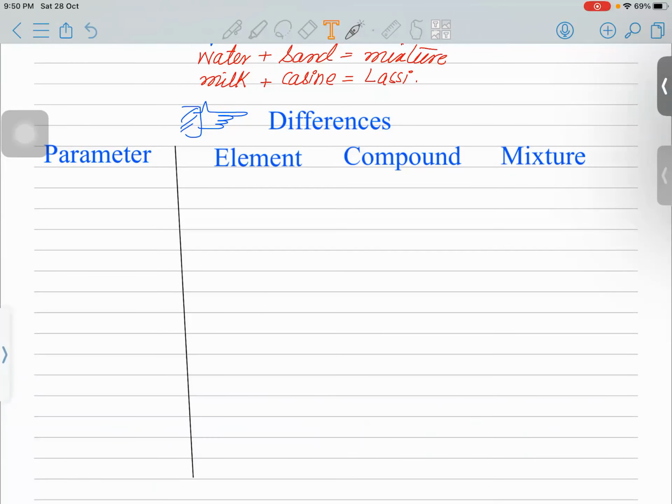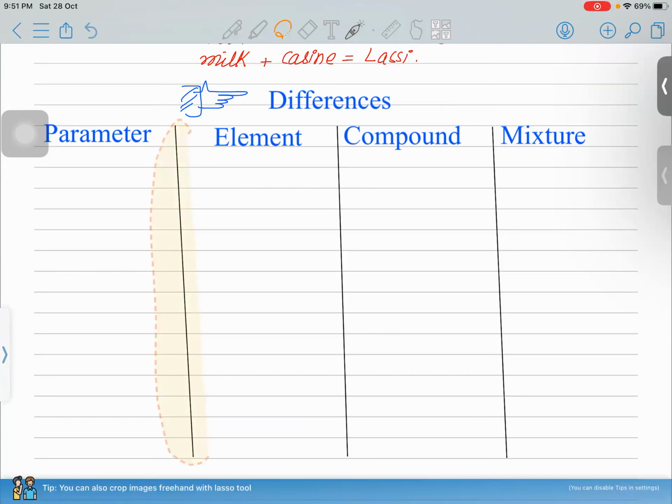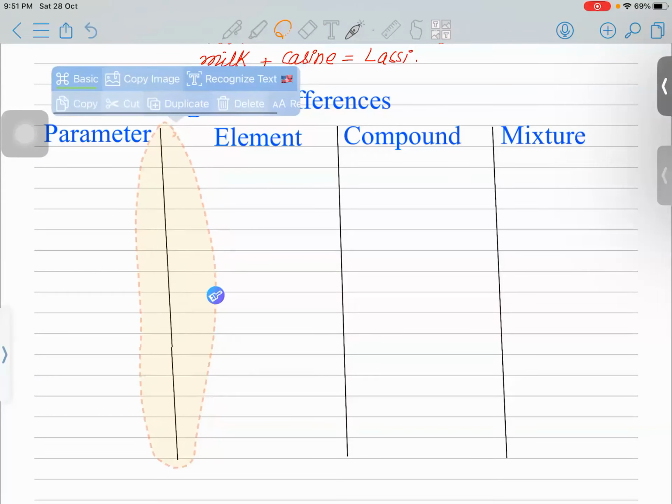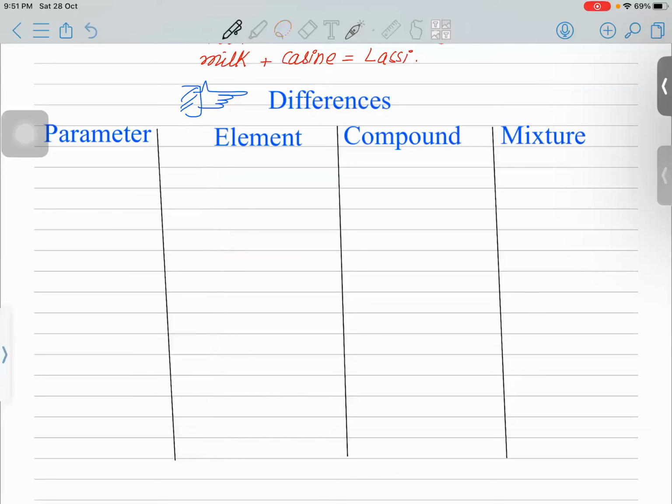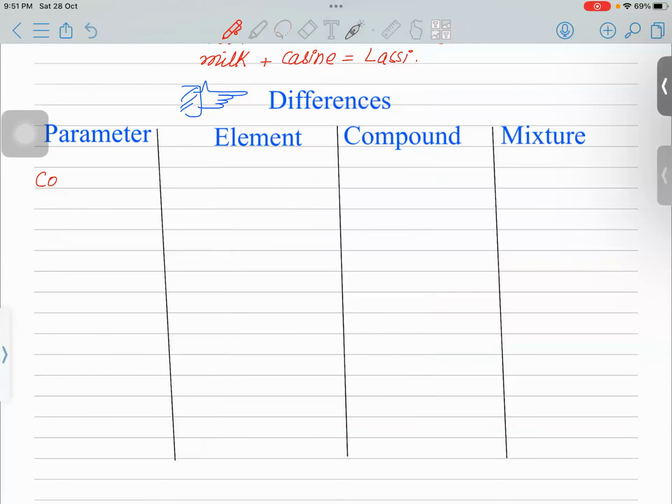So first is composition. First parameter is composition. Sir, so what is parameter?